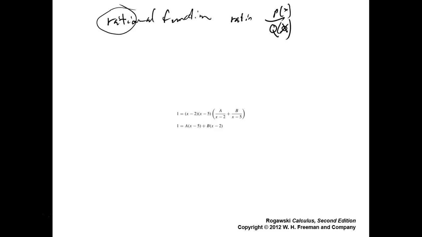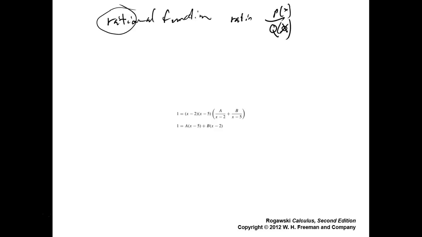I don't know why they don't say this to begin with, but I'm going to say it to begin with. If it's a ratio of P over Q, they're both polynomial functions of x. What's required is that P be of degree less than Q. If it's not, then you do long division.